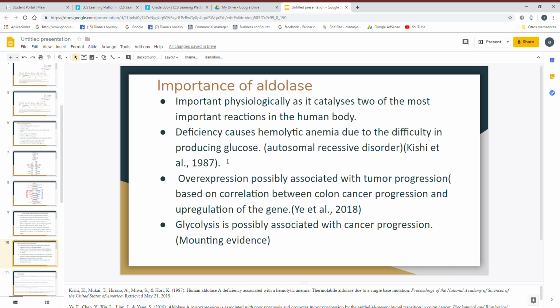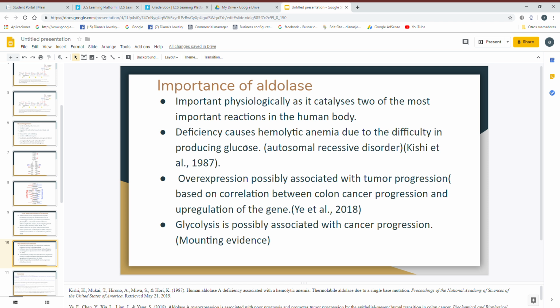Deficiency of this enzyme causes hemolytic anemia due to the difficulty in producing glucose. And this is an autosomal recessive disorder. We somewhat talked about this briefly a little while ago, but glucose is very important for blood cells. Blood cells are some of these cells which rely mainly or only on glucose as a form of energy.